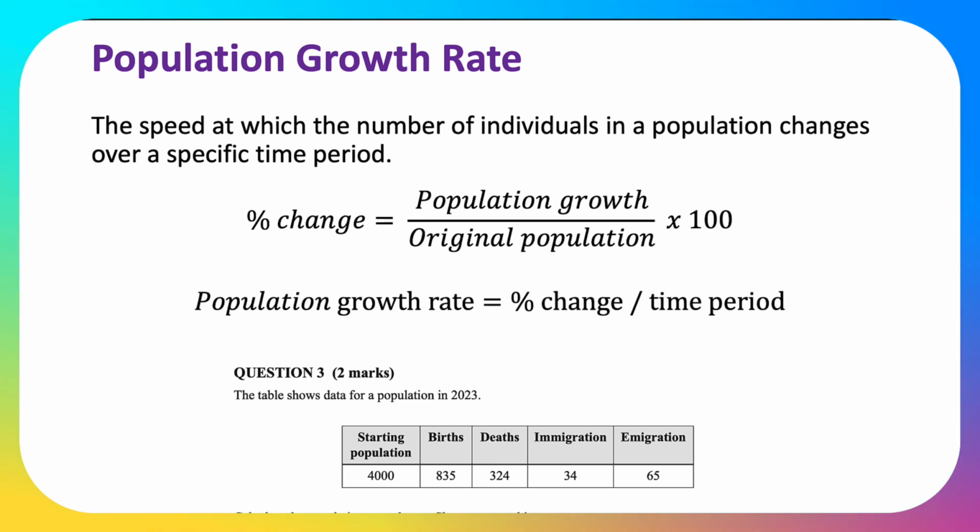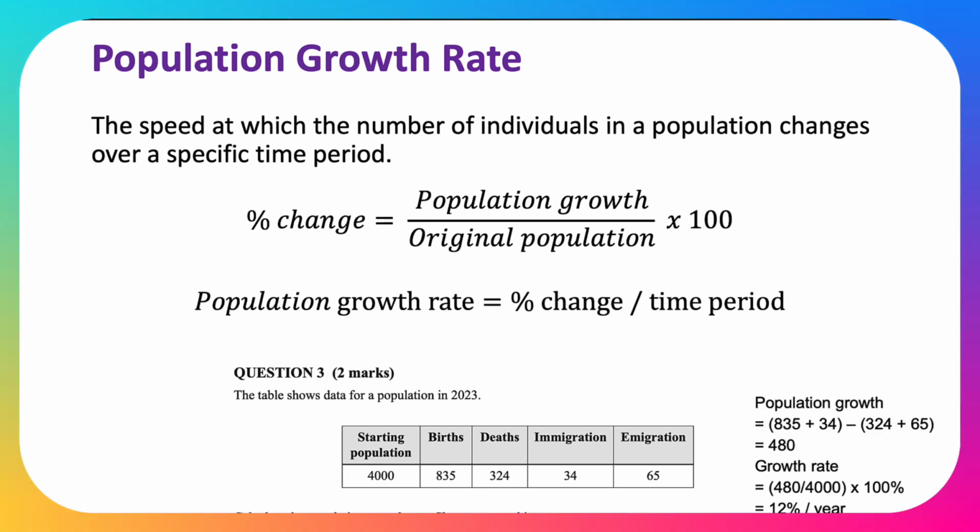So here's an example from the 2024 external exam. That's the starting population, and then we have births, deaths, immigration and emigration. So plus, minus, plus, minus. Okay, let's have a look at the worked example.